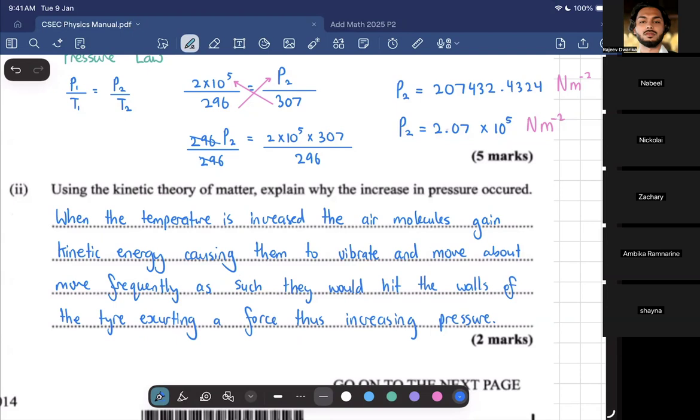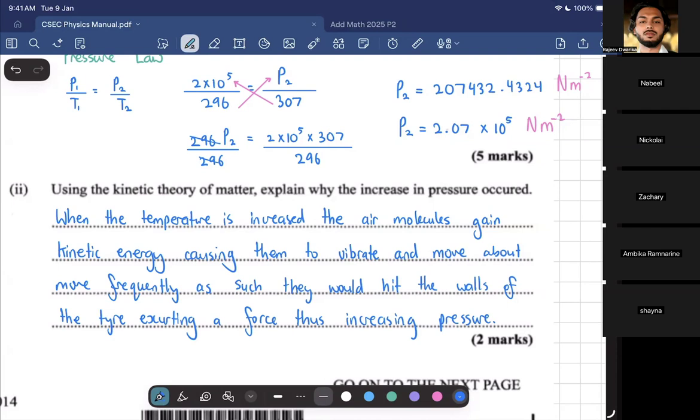Let me know if you understand that or not. Zachary, when you add heat to a gas, does the gas expand or contract? It expands. Right, but why? When you add heat energy, the molecules gain kinetic energy and move about more frequently with a greater force.